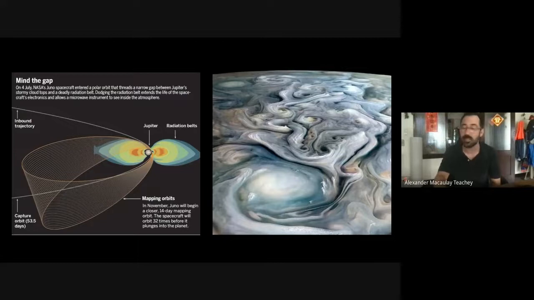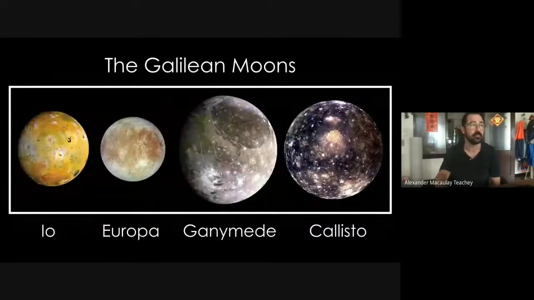So in order to get close enough to Jupiter that we can obtain these images, what they have to do instead is put it on this very elliptical orbit. So it spends a little bit of time flying near Jupiter, and then it spends most of its time well outside of these radiation belts. So Juno has been incredible. They've released these very high resolution images, which you can print out and put on your wall. I have definitely done that myself.